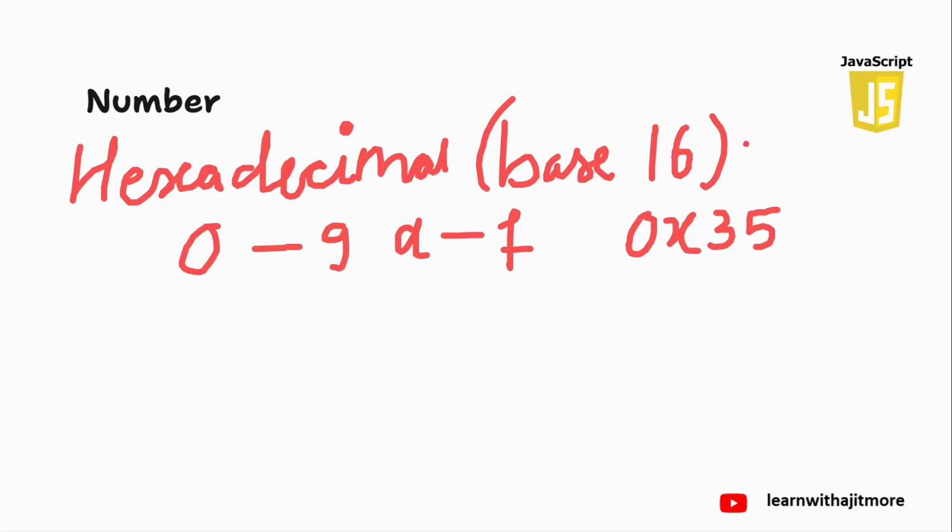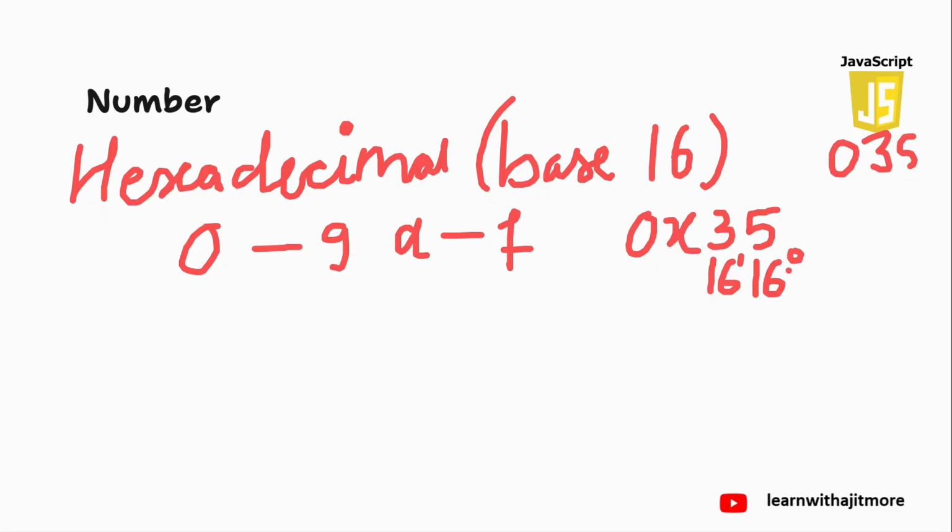Just before, for octal I wrote 035, so that time it took 8 power 0, 8 power 1, so it came out to be 29. But as it is preceded with 0x, your JavaScript engine will treat it as hexadecimal, that is 16 raised to 0 and 16 raised to 1.